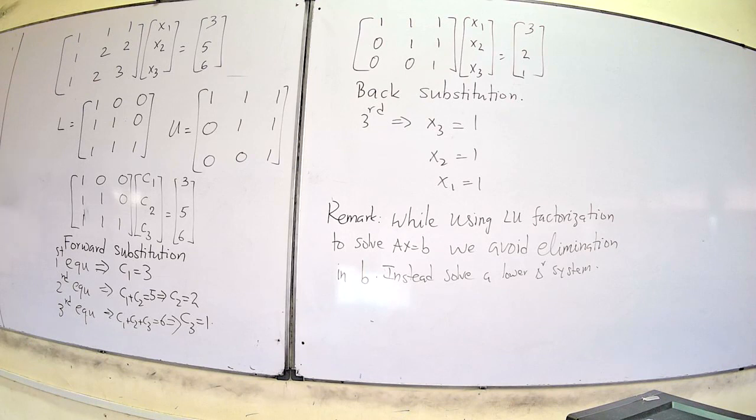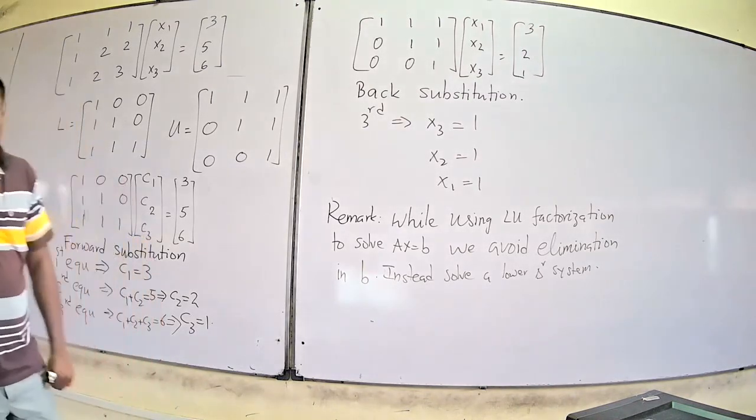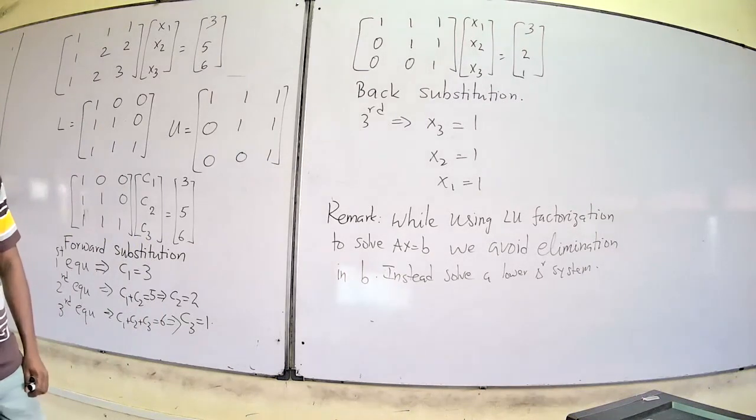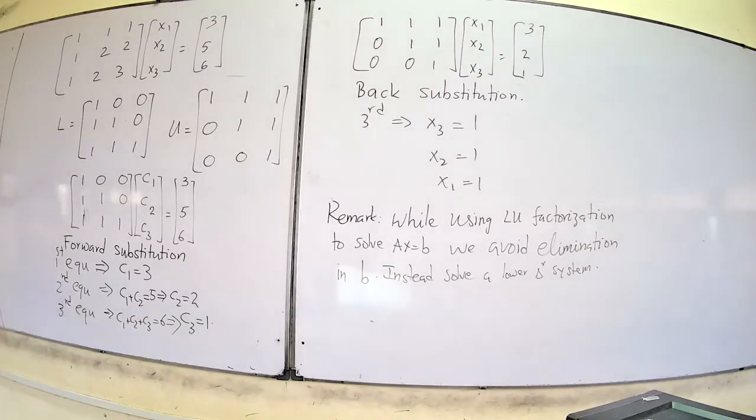If you do Gaussian elimination for A and B, that requires more multiplications. Here it requires fewer multiplications. That is called operation count. We will talk about that and some other properties of this elimination process in the next class.